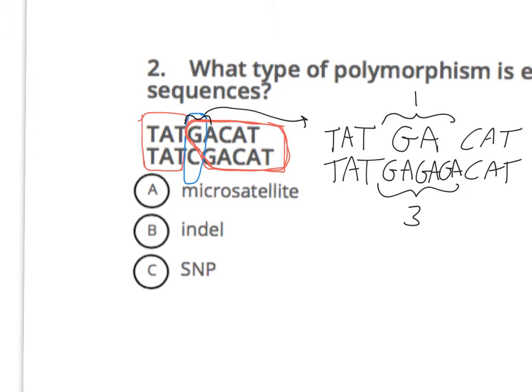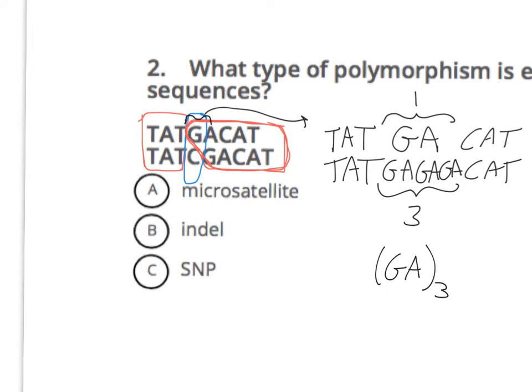Last thing, what's the nomenclature for this? 3 repeats of a GA. Right, with parentheses usually. So we'd parenthesize what the repeat unit is, a single unit, and then put a 3, usually as a subscript, but not necessarily after it.